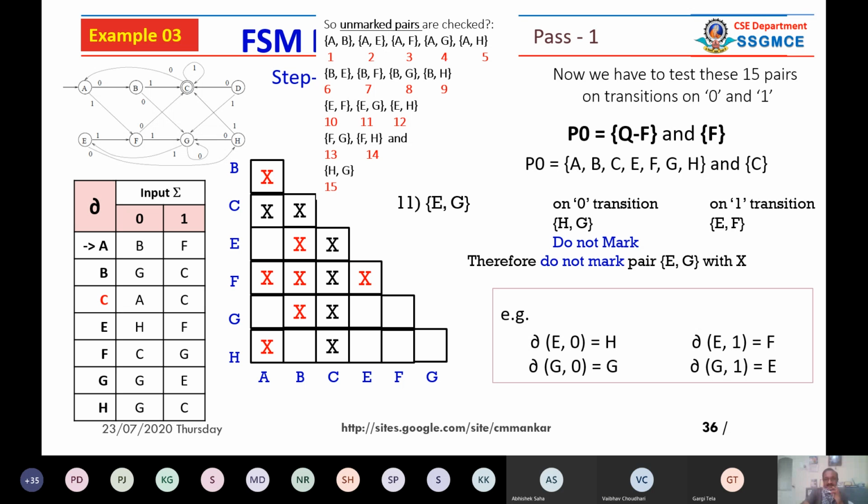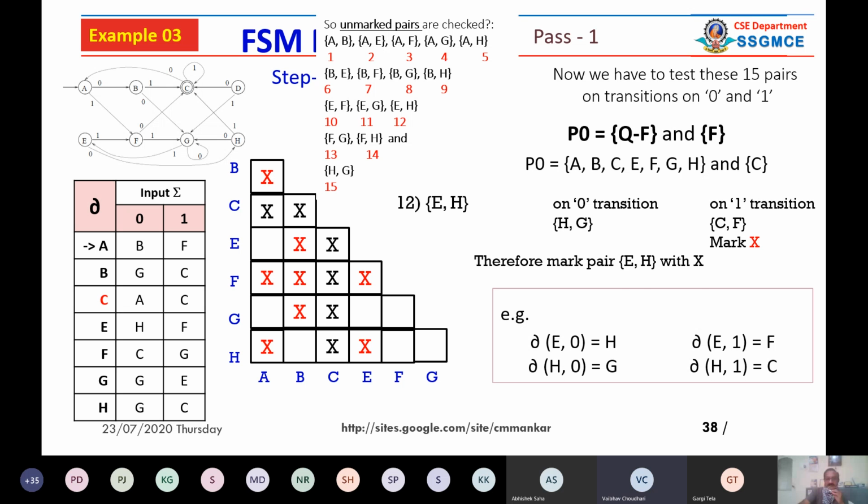EG के बाद में EH आता है, 12th number का pair. So 12th number का pair on 0 goes to HG and on transition 1 it goes to CF. तो C मतलब right side में है और F left side में है, इसलिए हम इसको EH को मार्क करते हैं क्रॉस से like this.